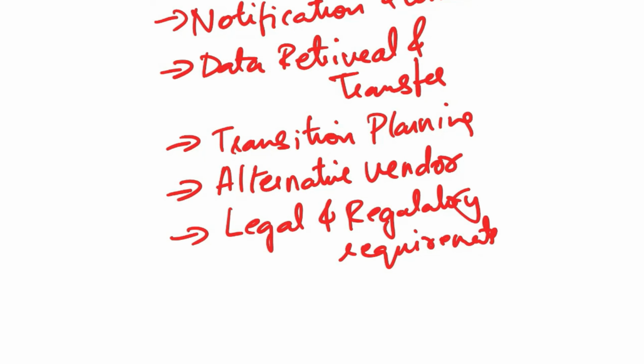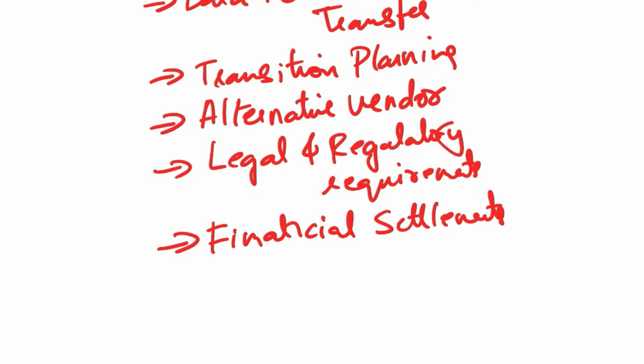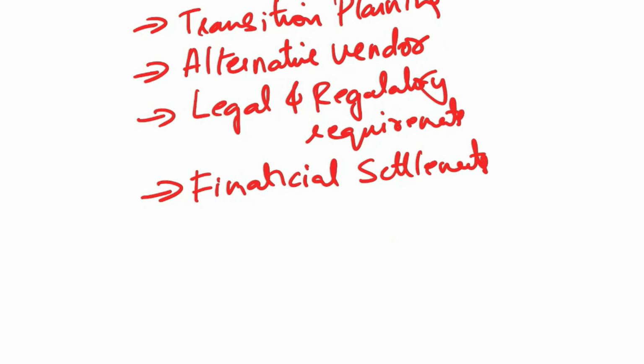Address any contractual obligations, privacy considerations, or industry specific regulations that may impact the termination. Next, determine any financial settlements or obligations associated with the termination. This may include settling outstanding payments, handling contractual penalties, or negotiating terms for early termination.